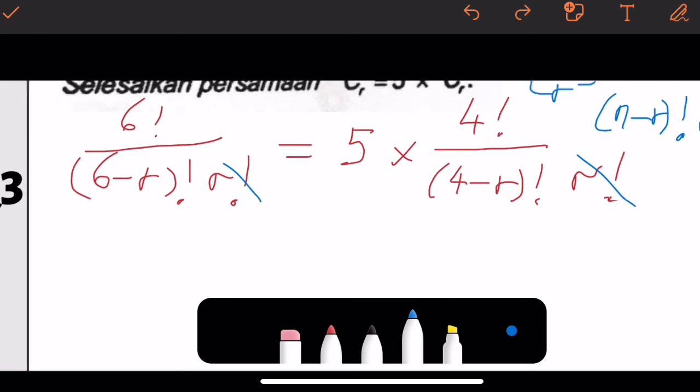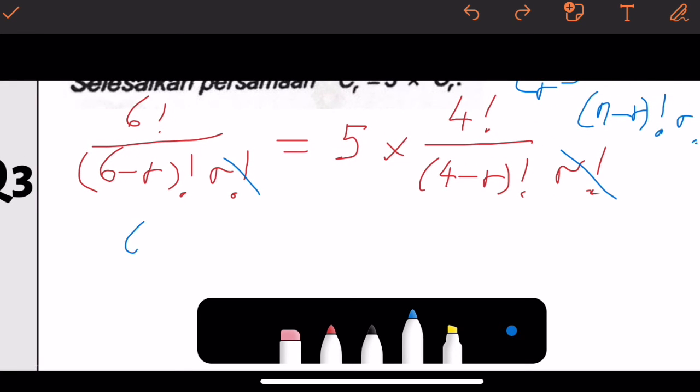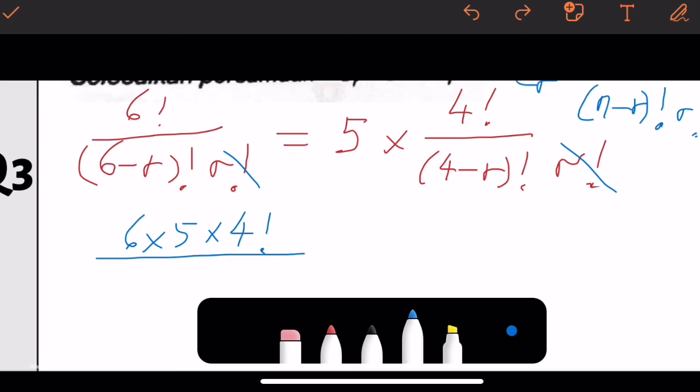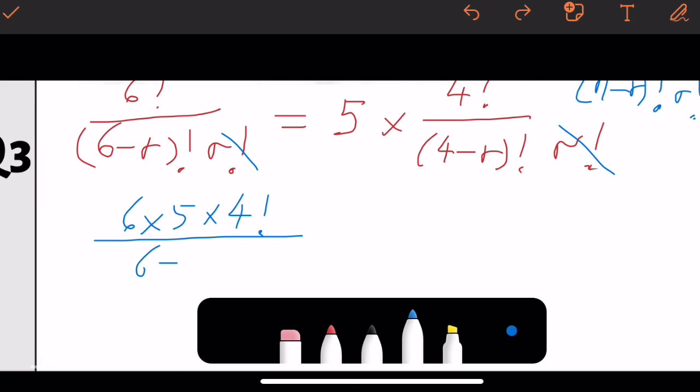Now we want to solve this, so we write 6 times 5 times 4 factorial over 6 minus R factorial. We leave it first.